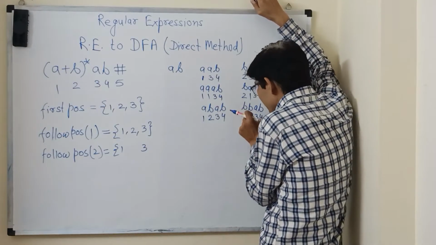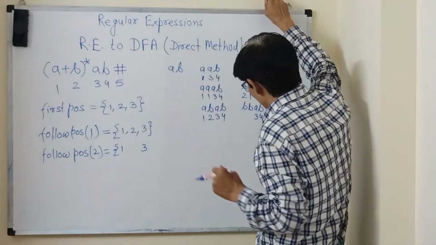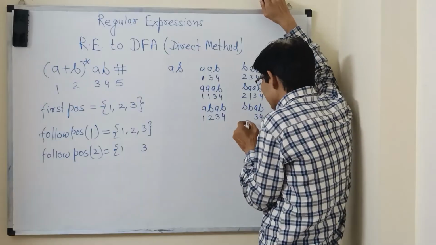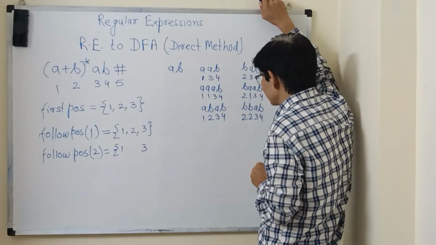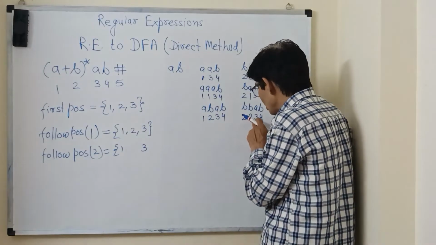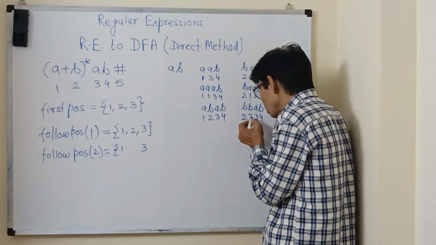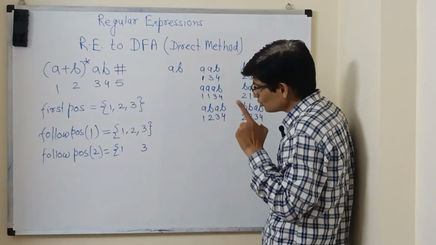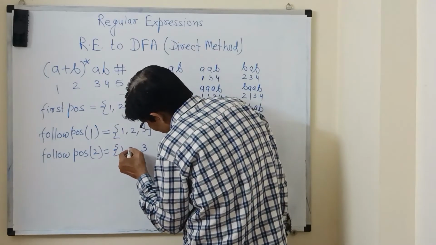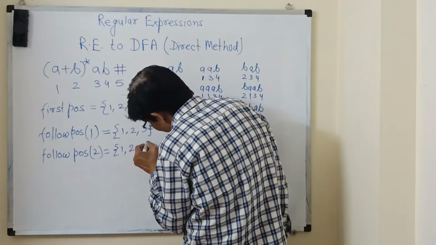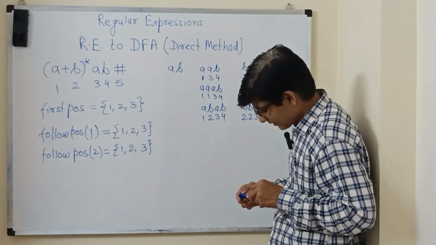Now this BB is coming from this Kleene closure, and inside the Kleene closure, B is assigned as 2. So these two B's have the same number: 2, 2, 3, 4. Now you can see, my friend, 2 is followed by 2 itself. So we can include 2 in the follow of 2 again.